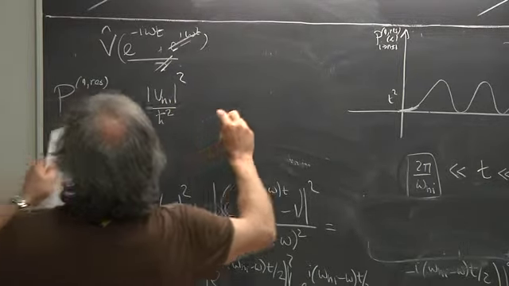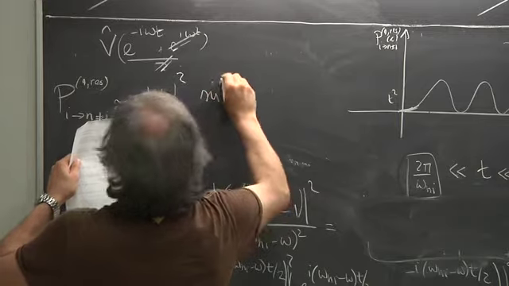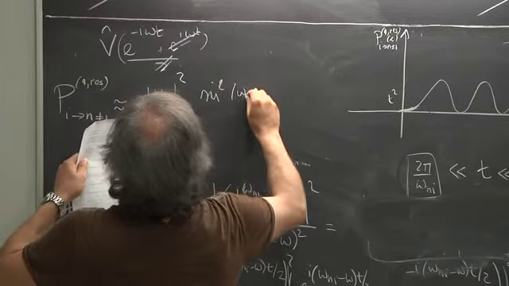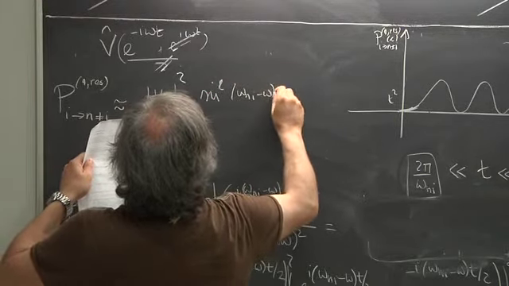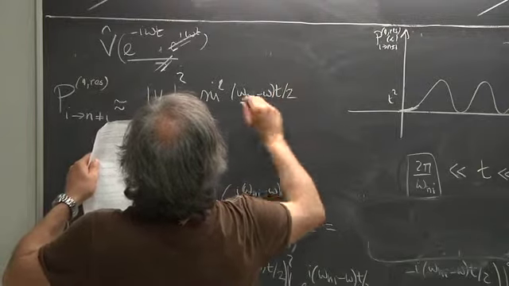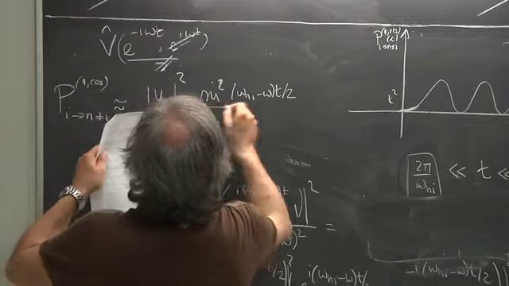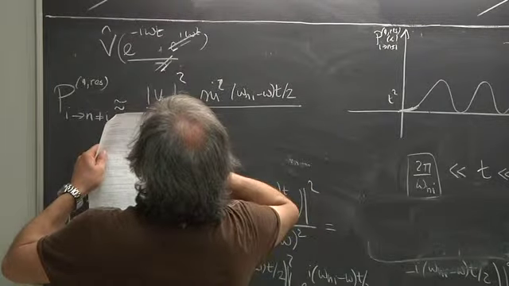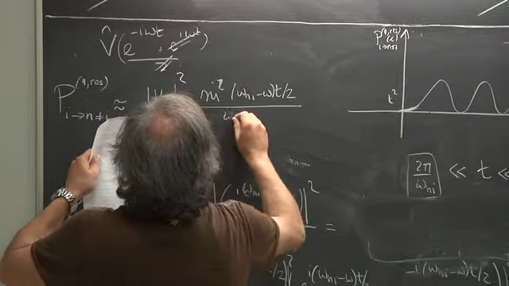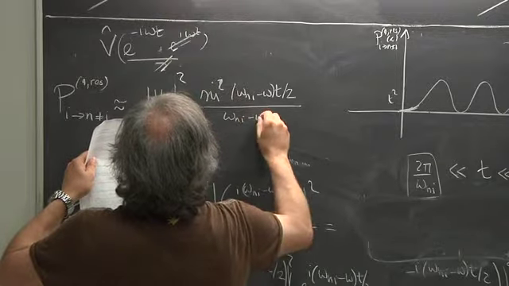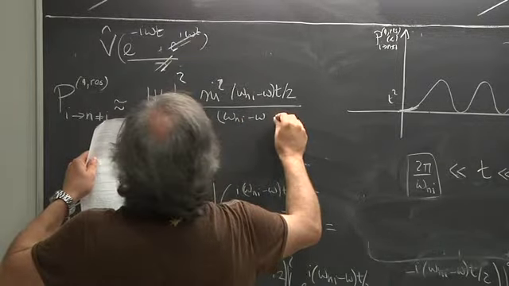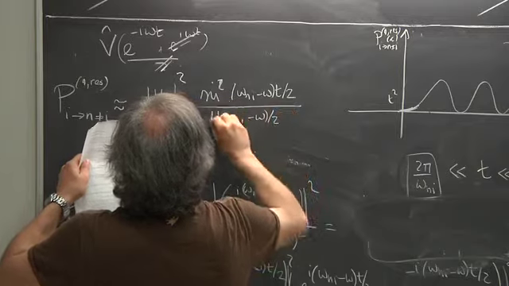So I have this thing. And then I have the sine squared of (omega n I minus omega) t over 2, divided by (omega n I minus omega over 2) squared.